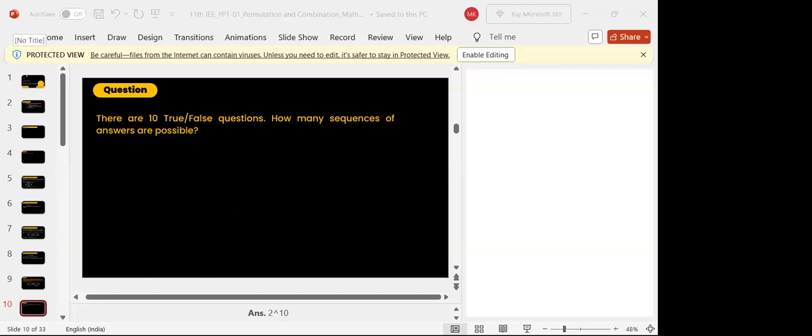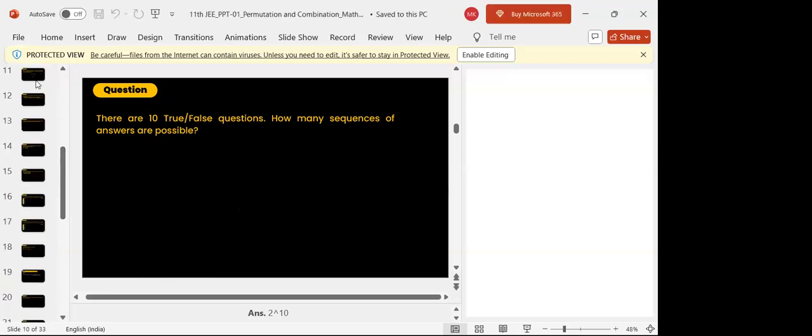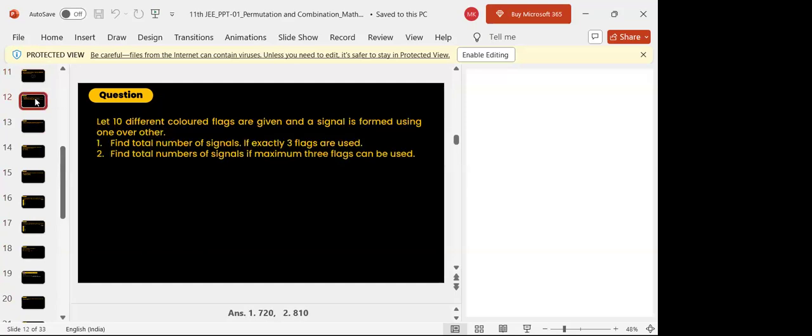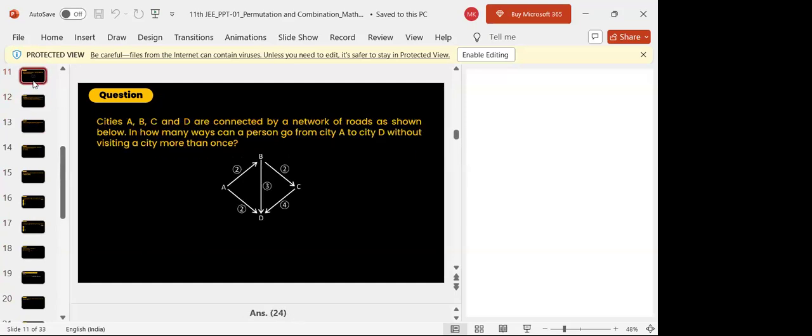Next we have cities A, B, C and D connected by a network of routes as shown below.